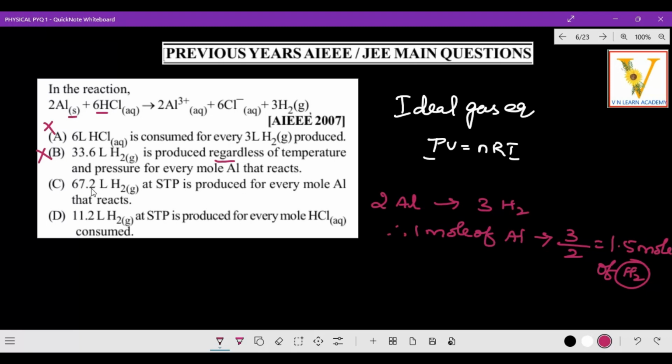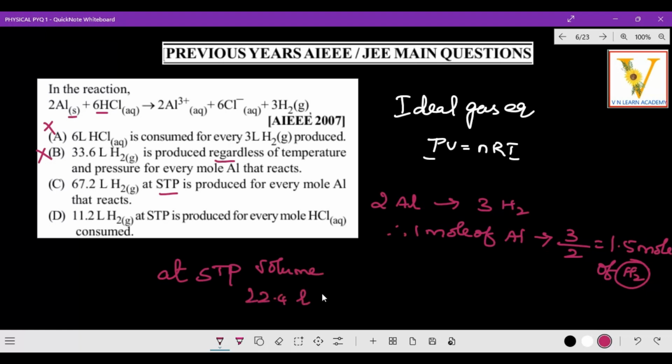And option C: 67.2 liter of hydrogen at STP is produced for every mole of aluminium that reacts. The same idea, but here they have mentioned STP. Suppose we are bringing the volume at STP; how do we bring it here? 22.4 liter, right?